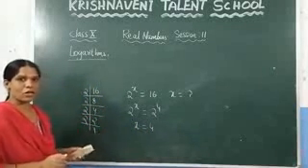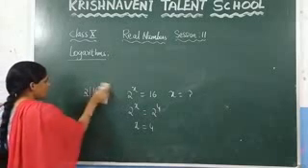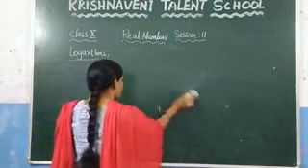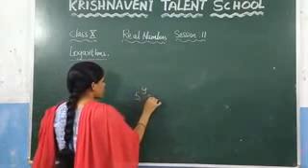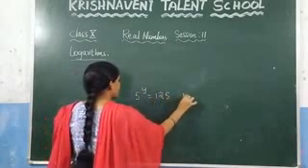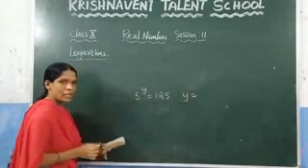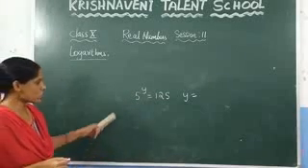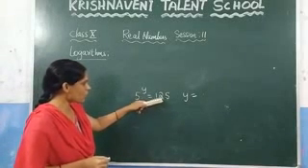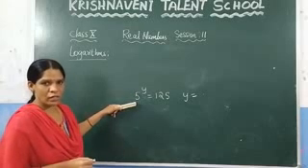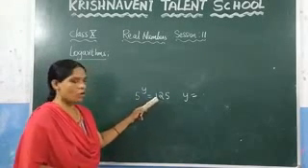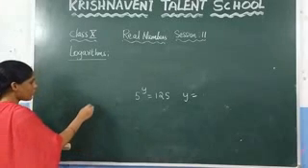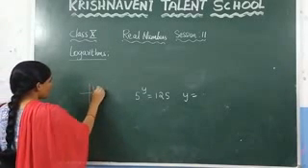Like that you can solve if you want to find the value of x. Let us do one more problem like this. Let us take 5 power y is equal to 125. Then what is the value of y? Again, we just have to express this 125 with the base of 5. For that you need to find the prime factorization of 125.